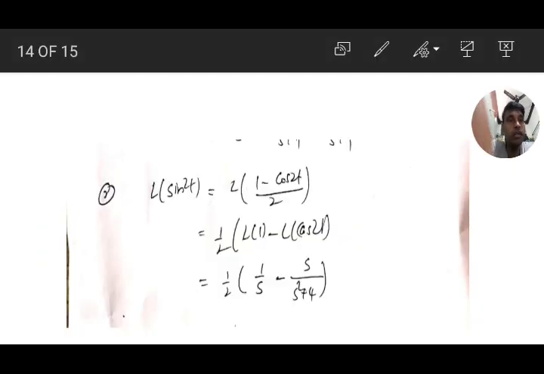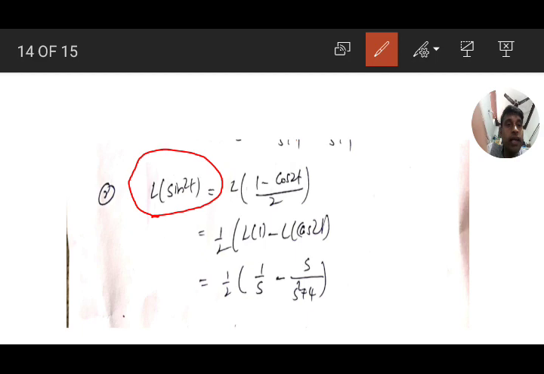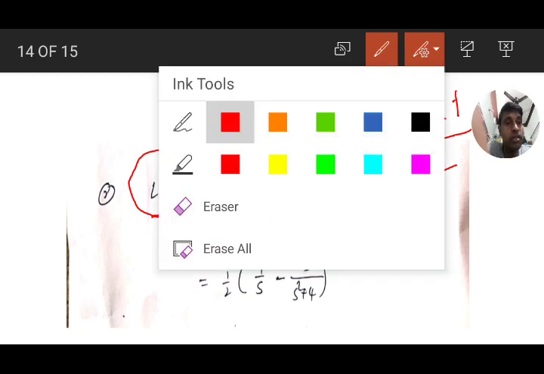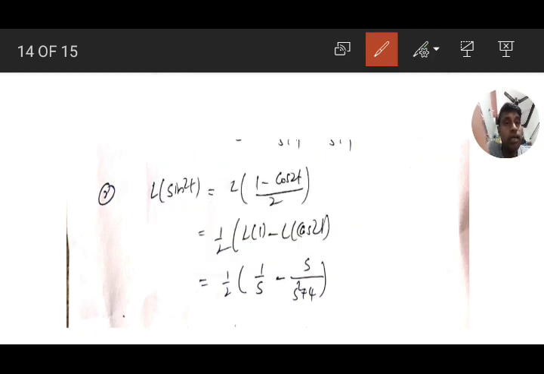Laplace transform of sin square t. Here also we don't have the formula for sin square t directly. So by using a trigonometric identity, first simplify sin square t. Sin square t means 1 minus cos 2t by 2.